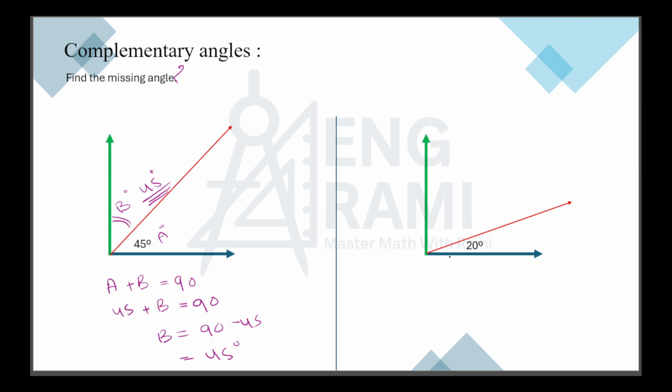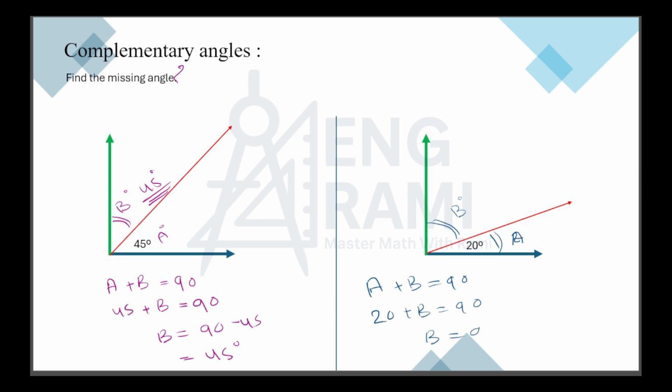Another question. We know that this angle is 20, this angle is A, and this angle is B. Both angles are complementary, since the summation of them equals 90. Then A plus B equals 90. A is 20 plus B equals 90.